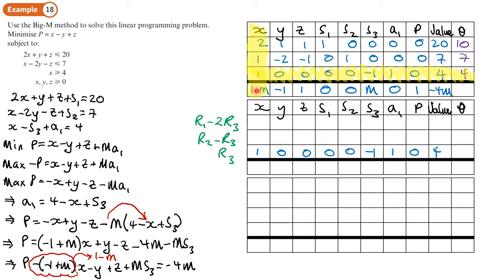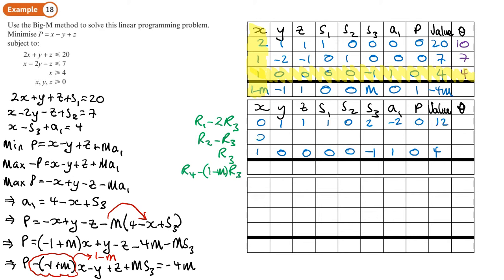And then for row 4, we want to subtract 1 minus m lots of row 3. So here, row 4 minus (1 minus m) lots of row 3. So we'll fill those values in. So the top row will become 0, 1, 1, 1, 0, 2, negative 2, 0, 12.